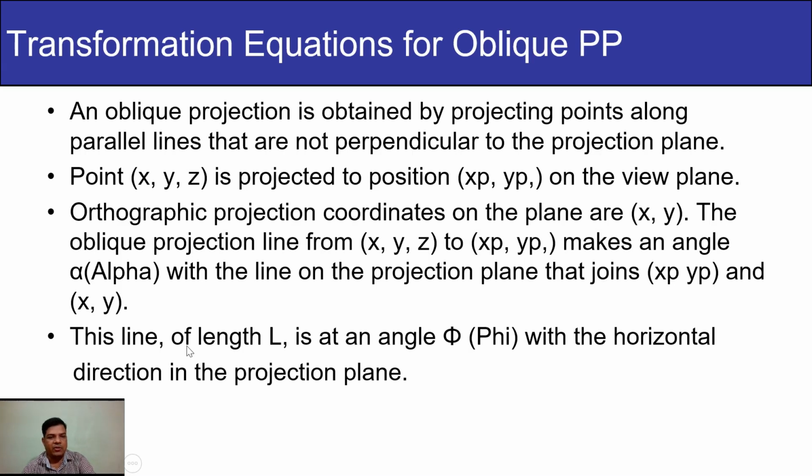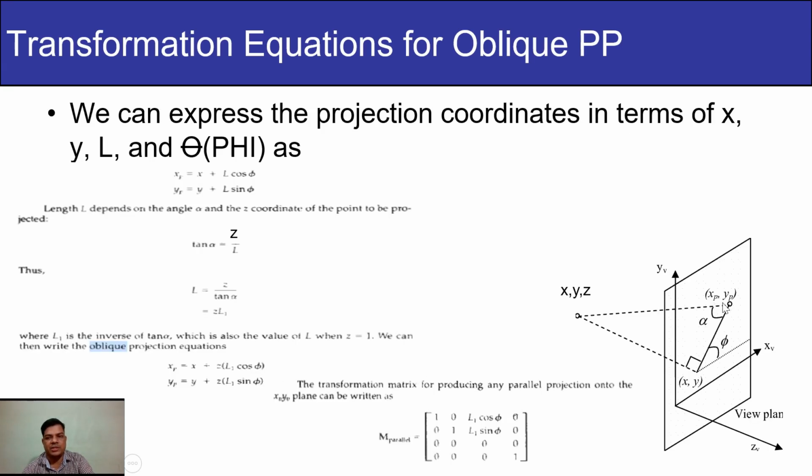Now this line of length L is at an angle phi with the horizontal direction in the projection plane. So you can see that this line is lying on the xy plane, the length of this line is capital L, and this line is making an angle of phi with the x-axis.